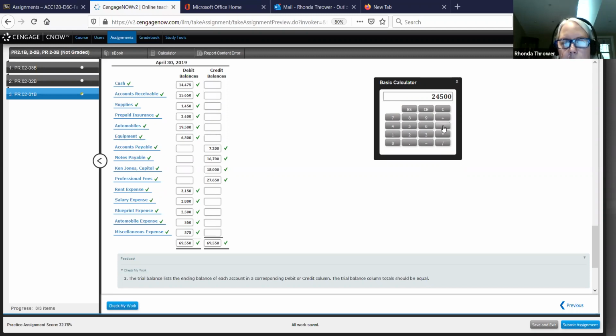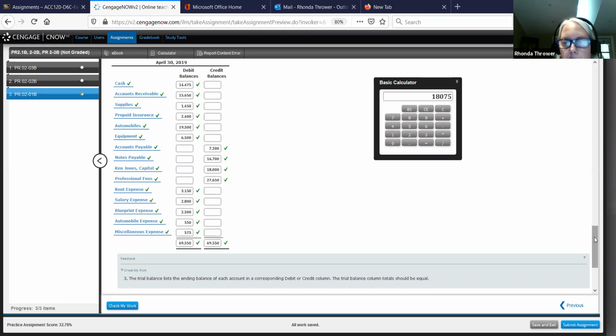We've got to subtract out $2,800 for our salary expense. We've got to subtract out $2,500 for your blueprint expense. We've got to subtract out $550 for your automobile expense, and $575 would be subtracted too.